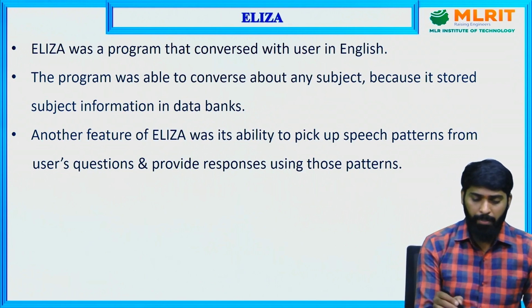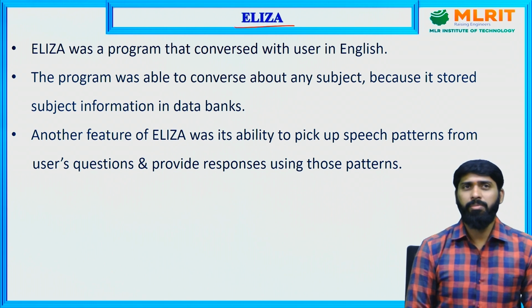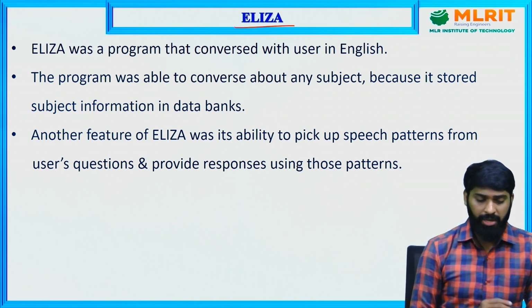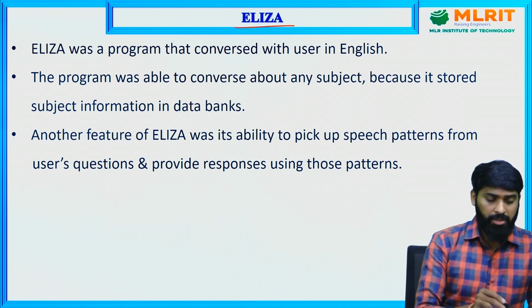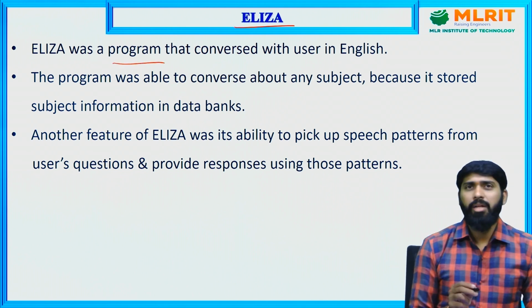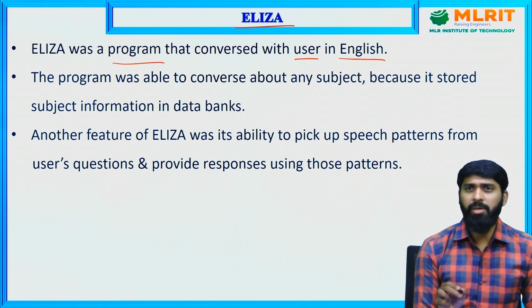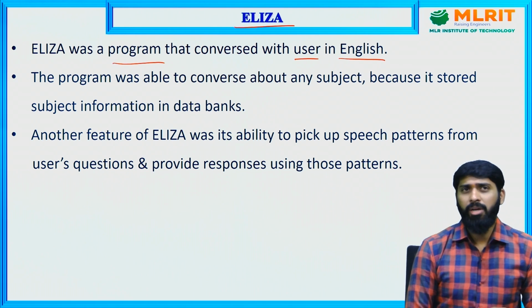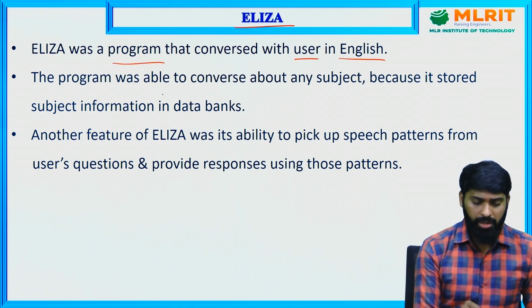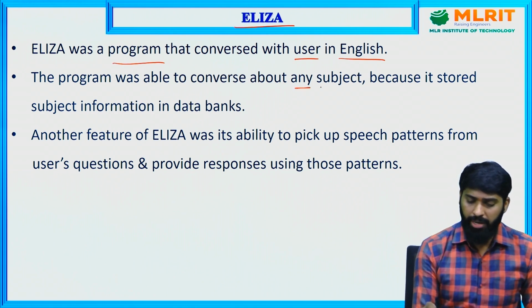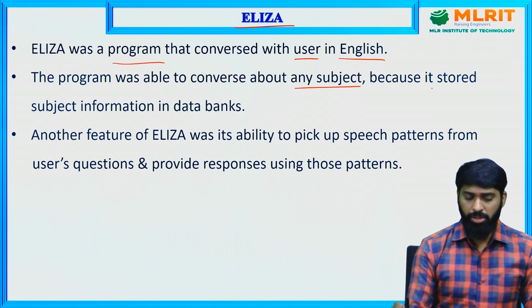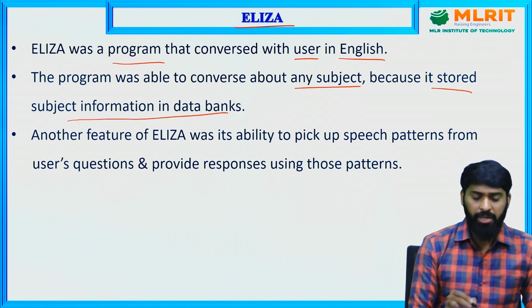ELIZA is an example of an intelligent system. So what is ELIZA? ELIZA is a chatbot. ELIZA was a program that conversed with the user in English. The program was able to converse about any subject because it stored subject information in data banks.